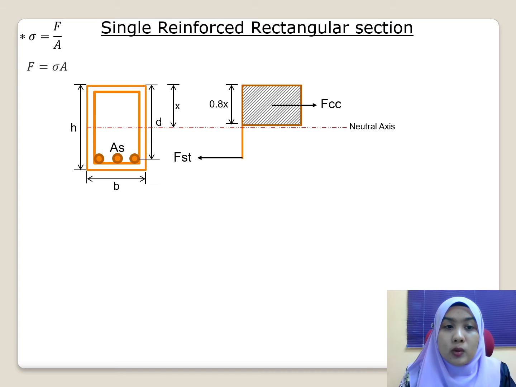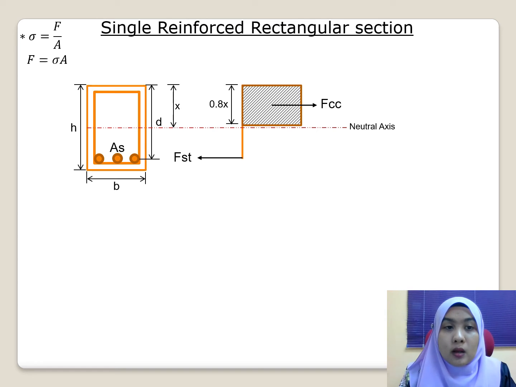The force value is equal to stress times area. So you need to compute the FST value and the FCC value in terms of the strength of the concrete and steel.